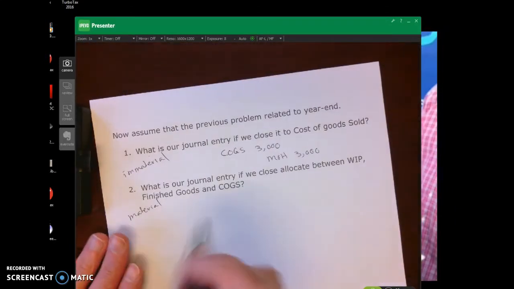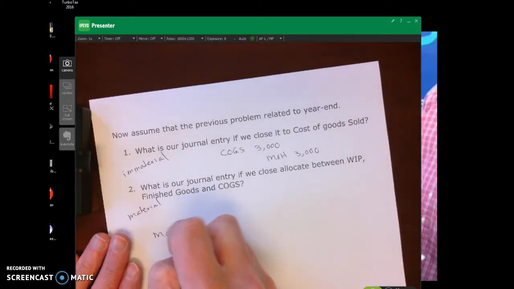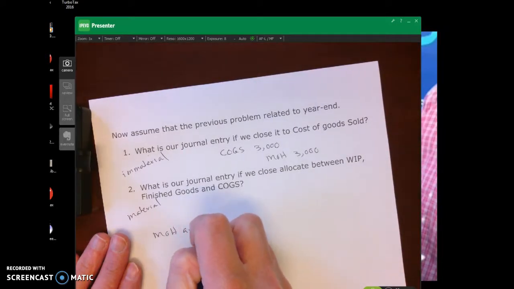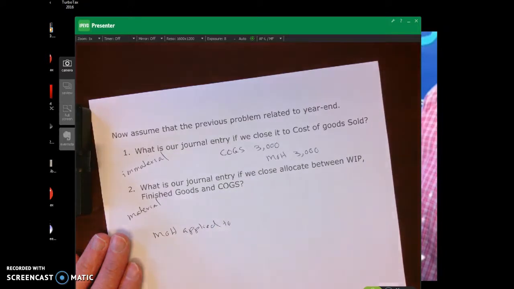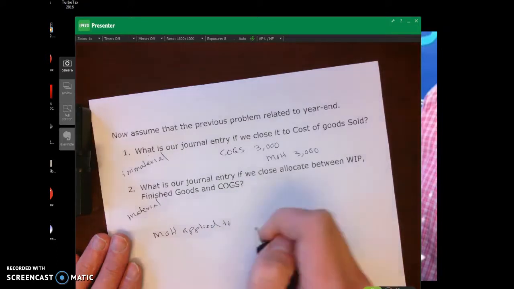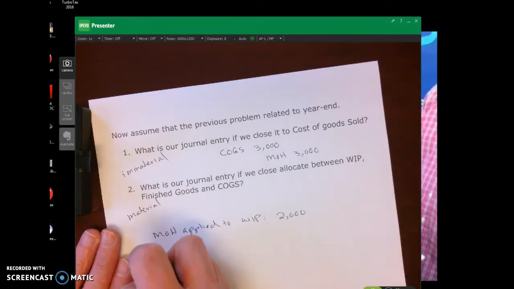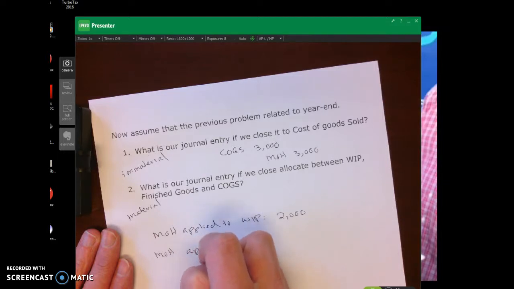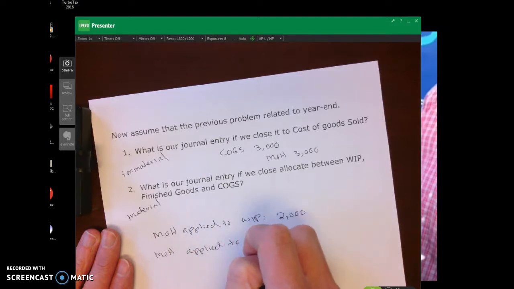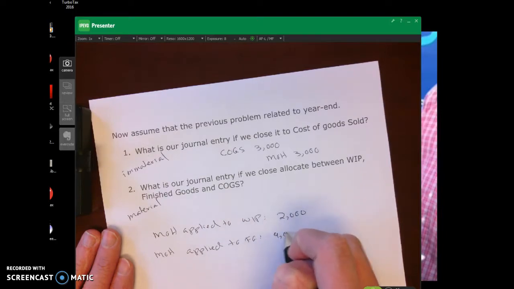Okay, so let's say MOH applied to WIP would be $2,000. MOH applied to jobs in finished goods is equal to our $4,000.